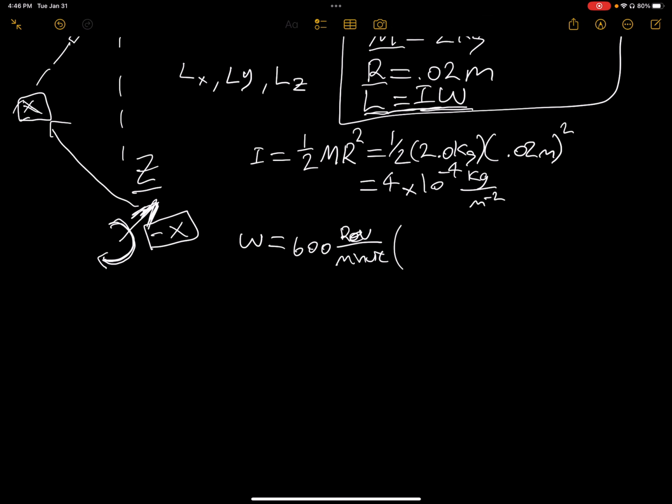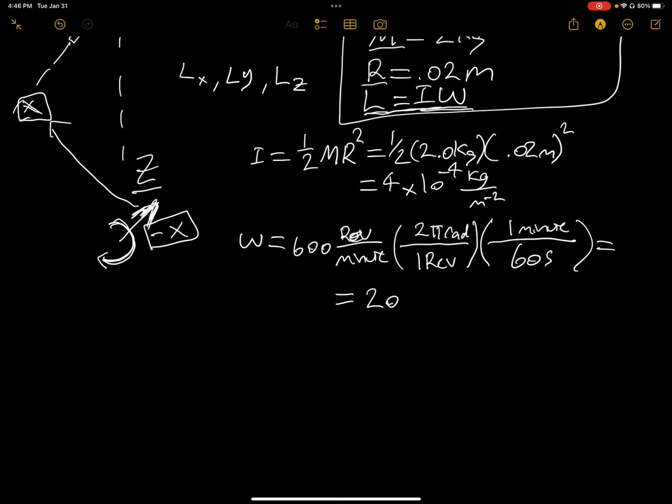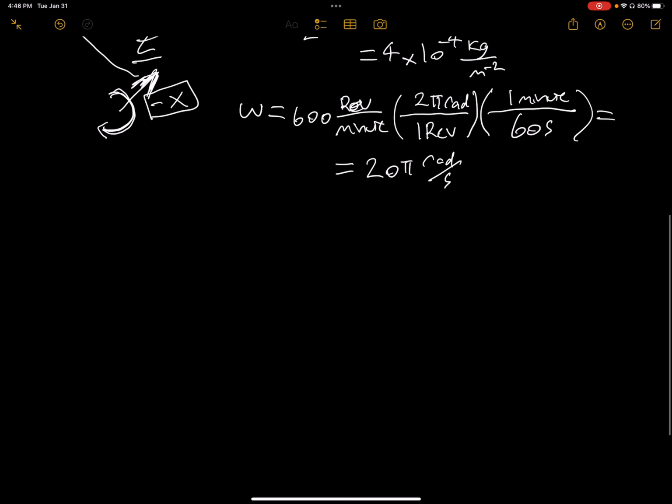And so 1 revolution is 2 pi radians, and 1 minute is 60 seconds, which ends up equaling 20 pi radians per second. And so now we really have everything.